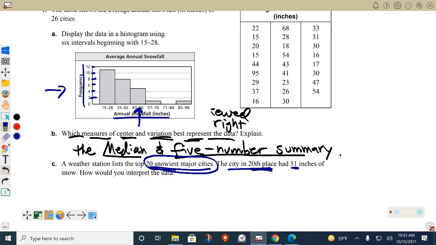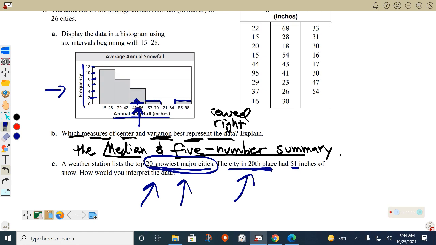Okay? If that's last place, there's only one city above, there's only one city here and one city here, and they're saying that the 20th place of these top 20 snowiest places would have 51 inches. So the last place would be in this bar somewhere. That means this list did not have all the cities.